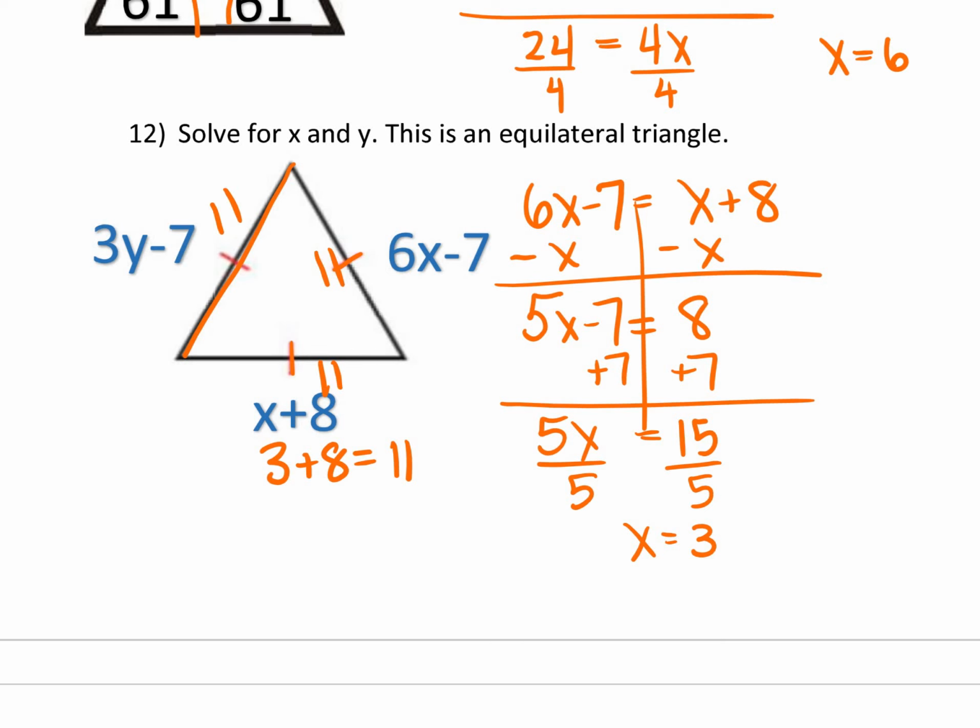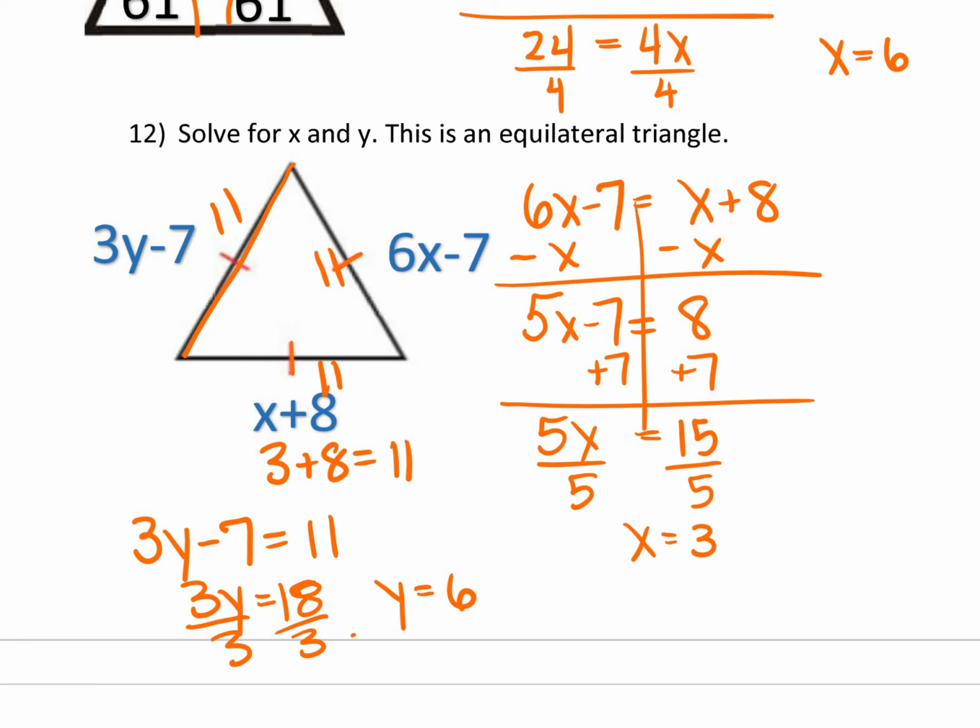So if I know the side length, now I can set up an equation. 3y minus 7 equals 11. 3y equals 18. And divide by 3. Y equals 6. So here and here, solve for x and y. Okay.